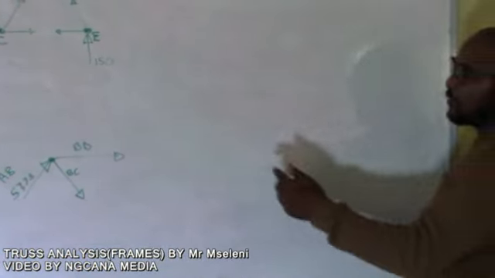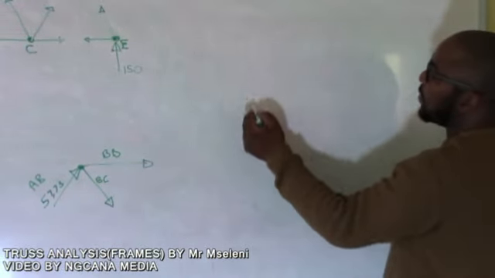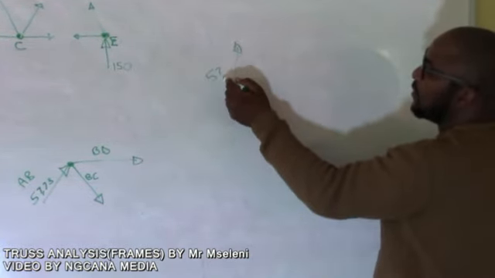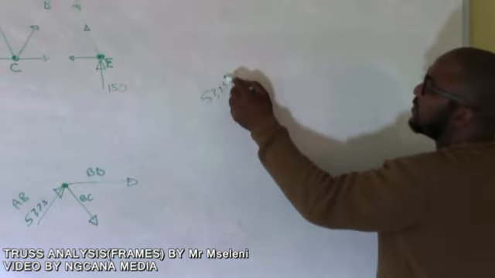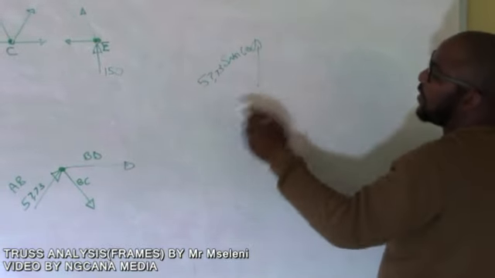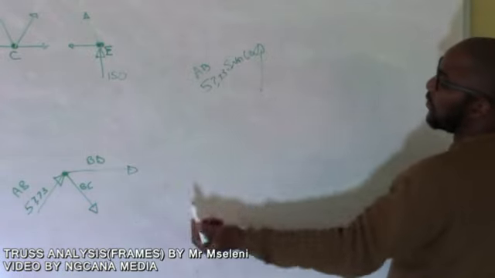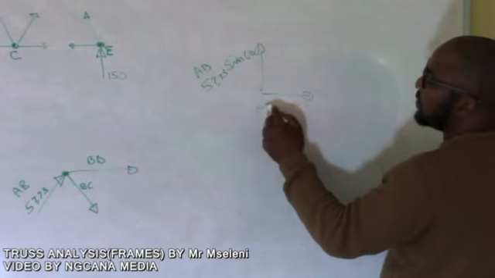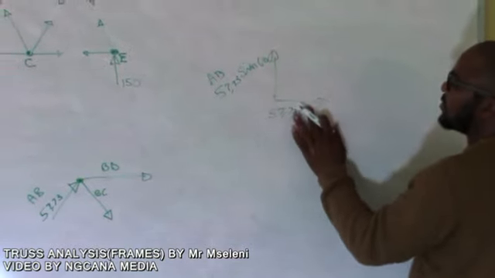If you check for AB, because it's going up, we're going to have our component which is going up, which is 57.73 sine 60, which is the component of AB, because that 57 is AB. And then also, it's going this way, which is 57.73 cos 60, sorry.